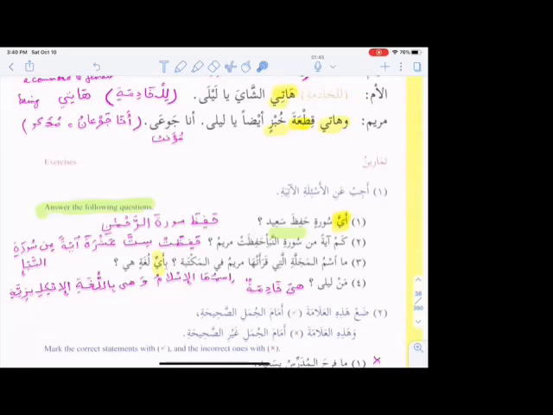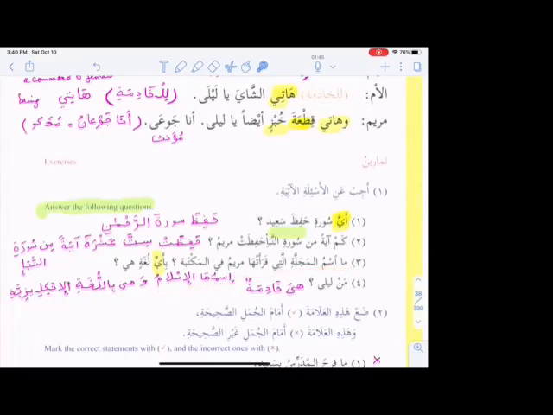What is the name of the magazine which Maryam read in the library, and in which language is the magazine? Huh? What is the answer? Ismuha al-Islam. That is the answer to the first.